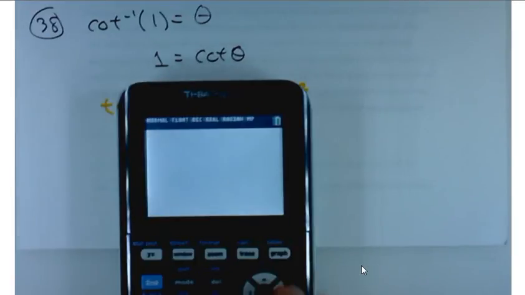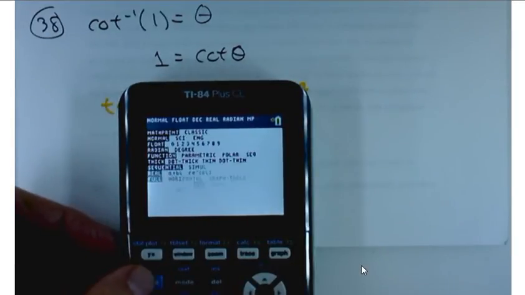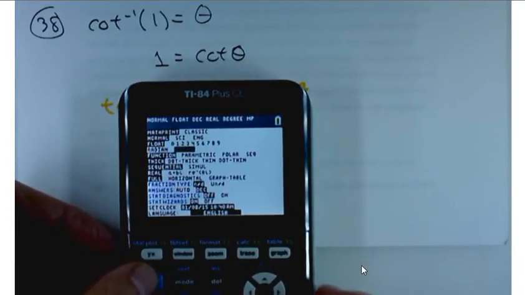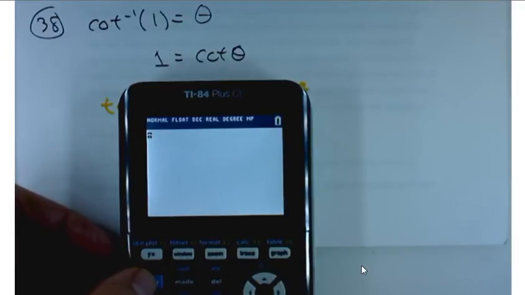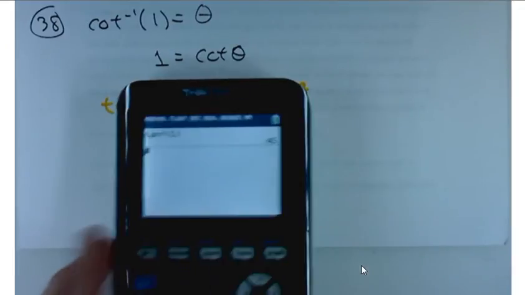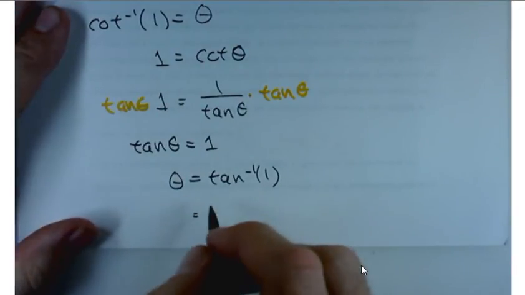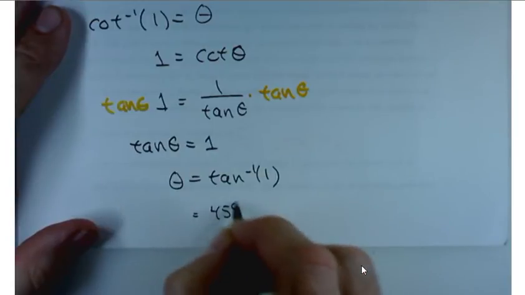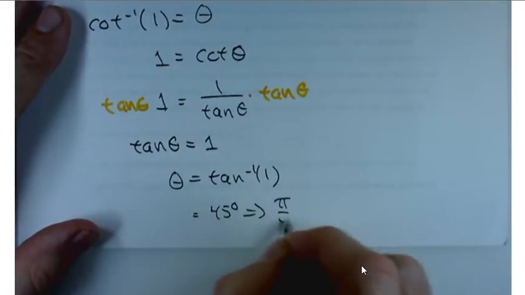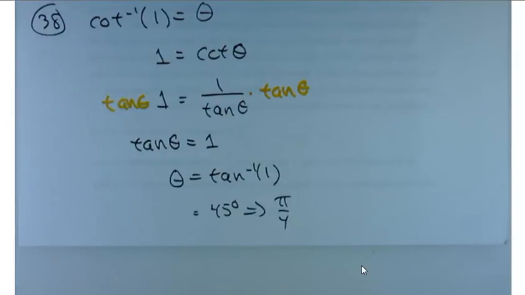Put your calculator in degree mode again, because you're not going to recognize it in radians, and do the inverse tangent of 1. 45 degrees, better yet, pi over 4. So we went through a couple steps there to get that last little bit.